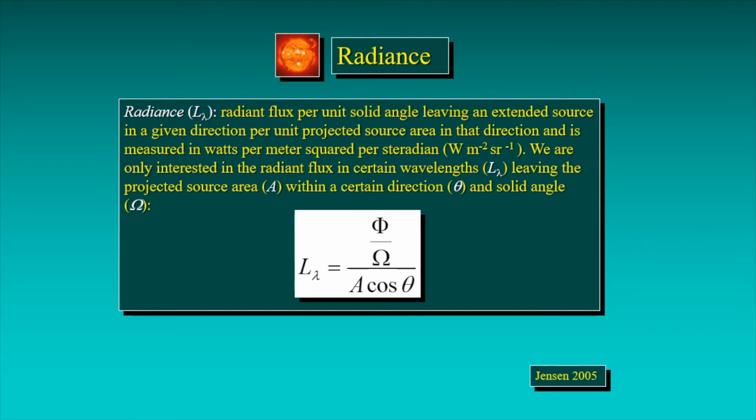And that solid angle is basically referring to the units of steradians that I discussed previously. So this is the equation here. It's our radiant flux over that solid angle omega, that quantity over A cosine theta.